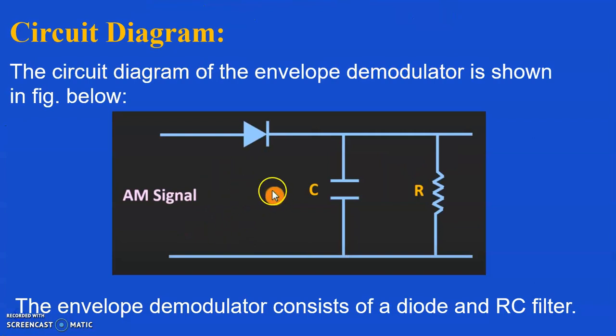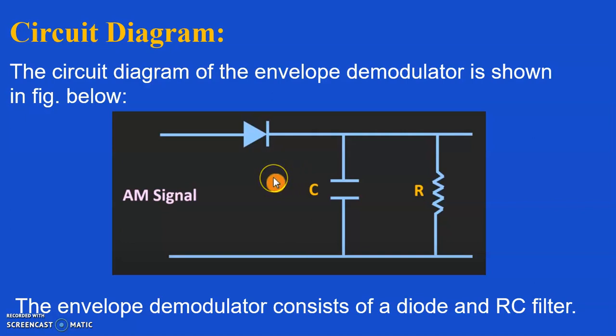So this is the typical circuit of the envelope detector, which consists of a diode, a capacitor, and a resistor. So we have an ideal diode and RC filter, and the AM signal is applied as an input to the circuit. So this envelope detector circuit has some advantages.